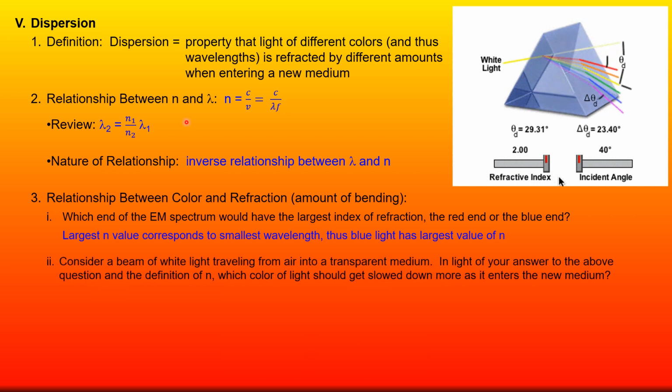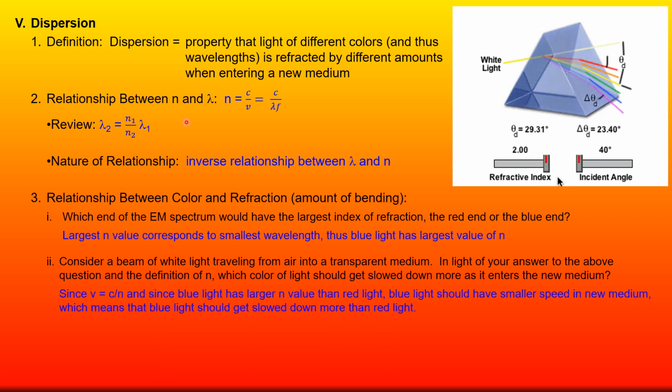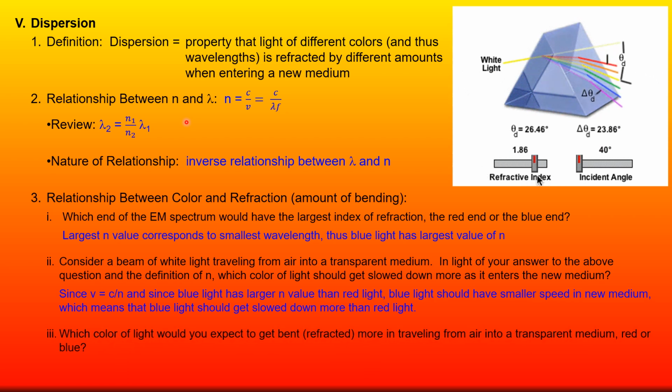In answering this next question, considering a beam of white light traveling from air into a transparent medium, which color of light should get slowed down more as it enters the new medium? Given what we just said, since blue light has a larger index of refraction than red light, blue light should get slowed down more, should have the smaller speed in the new medium, than does red light.